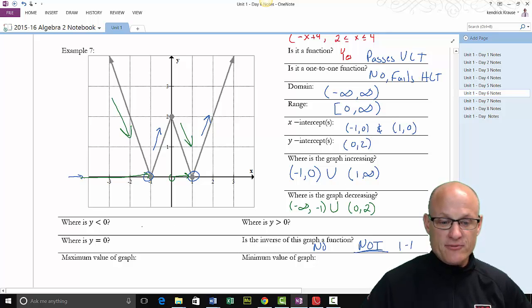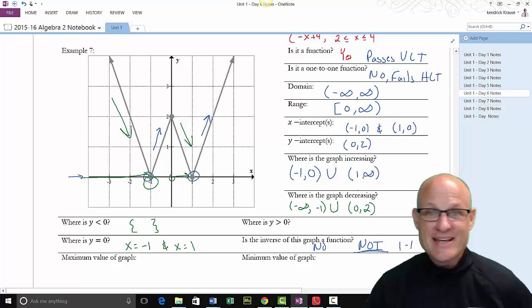Where is it negative? That's the empty set. No solution. It's never below the x-axis, so it's never going to be negative. Where is it positive? Now that's tricky. It's positive everywhere but at negative 1 and positive 1. So at x equals negative 1 and x equals positive 1, it's 0.